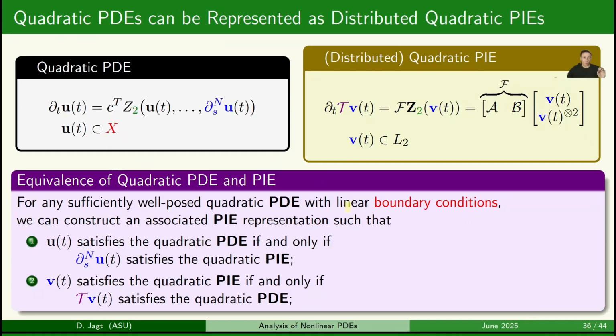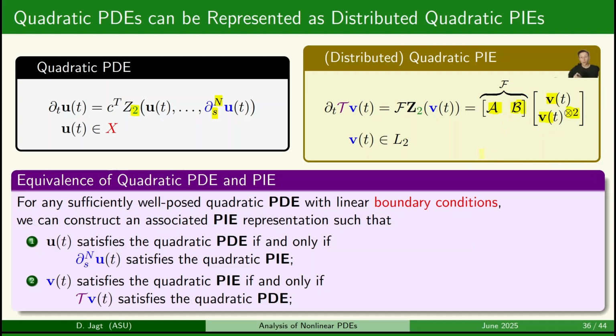More generally, if we have an nth order quadratic PDE, so still just involving quadratic combinations, but now an nth order derivative of our state u, we can represent this equivalently as a quadratic PIE, now expressed in terms of our distributed monomial combinations of v with itself, and where A will be a PI operator and B will be a tensor PI operator.